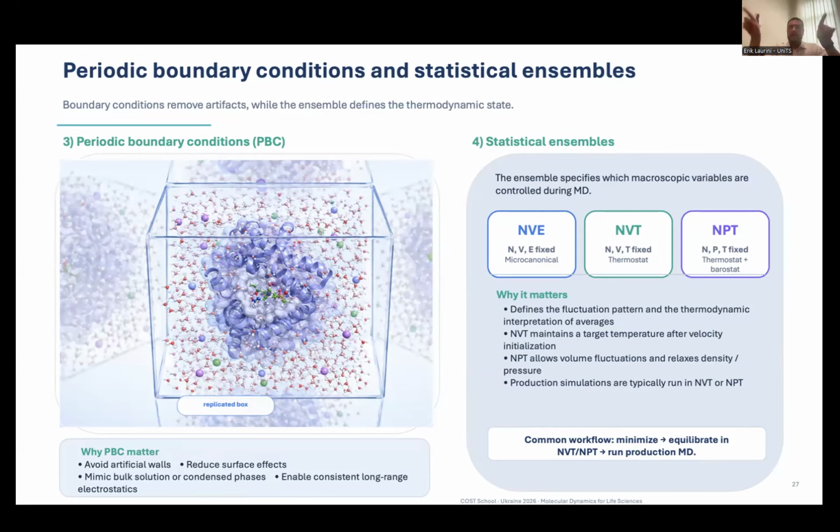But you create a confined space with confined dimension. During the simulation, if you do not apply appropriate conditions, some molecules can escape from this box and completely disrupt the molecular dynamics simulation.